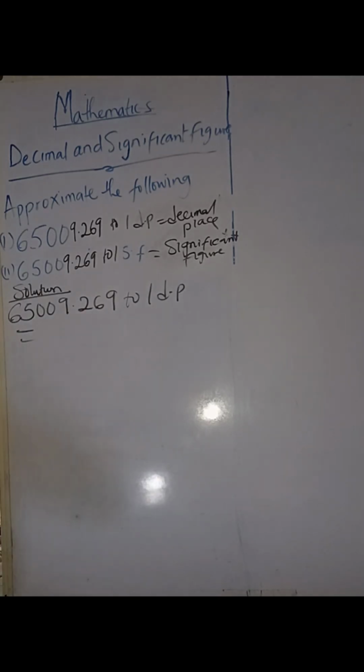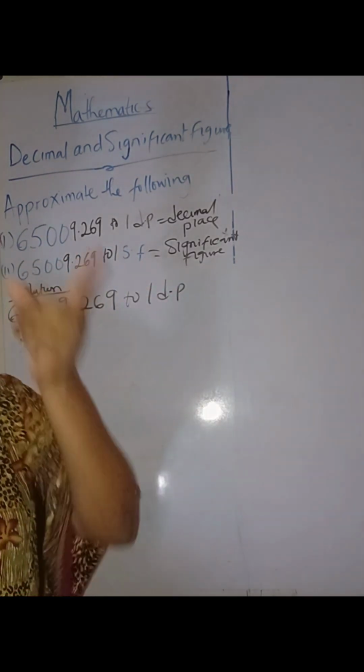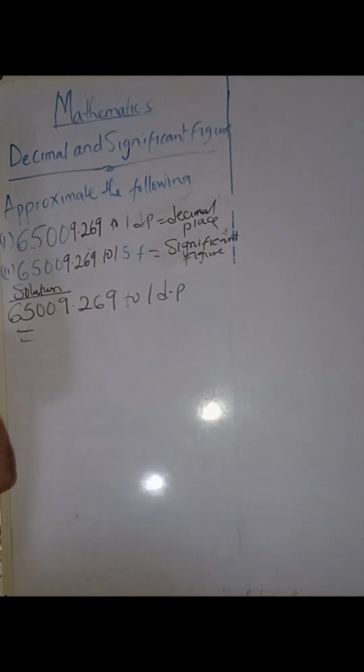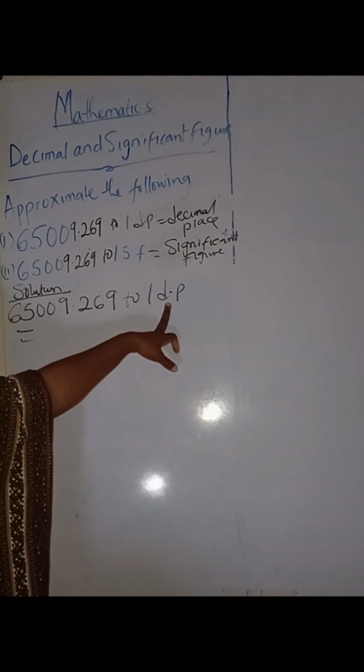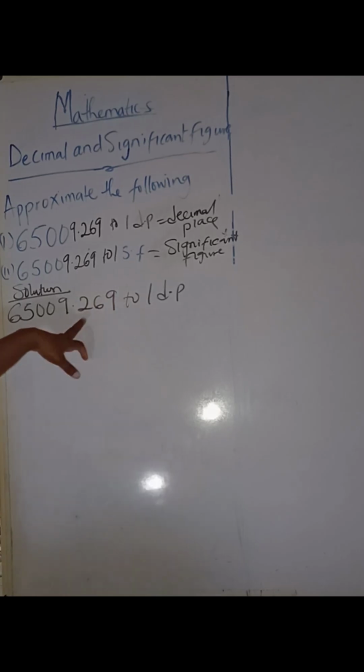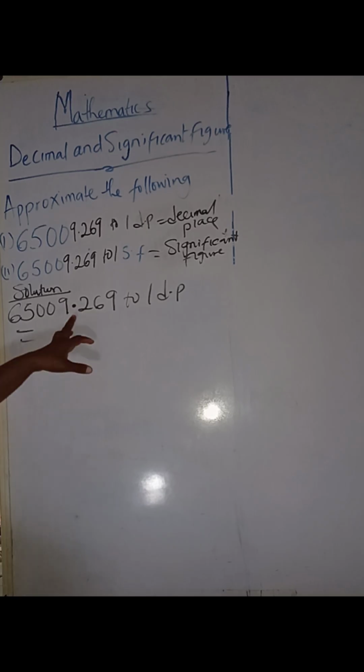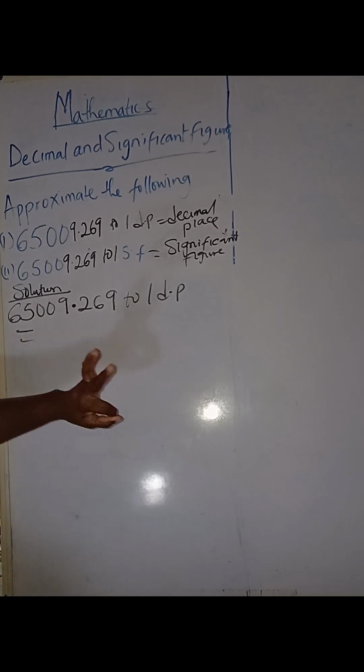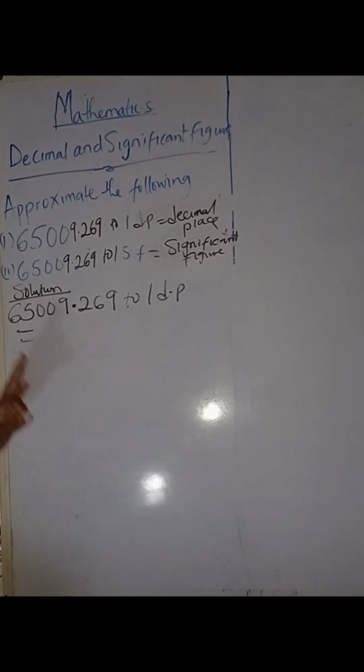When they say one decimal place, it means that after the decimal point, we want to see one figure. If the question asks us to do two decimal places, after this decimal point we want to see two figures. If it is three decimal places, after this decimal point we want to see three figures. Do you get?